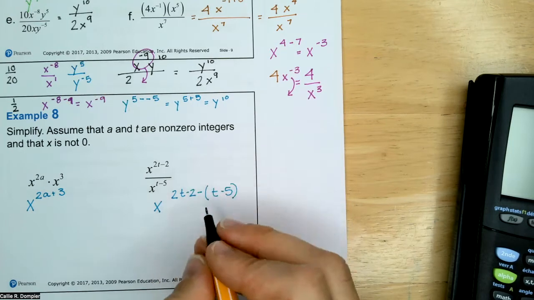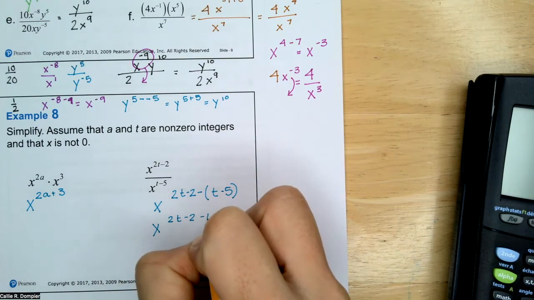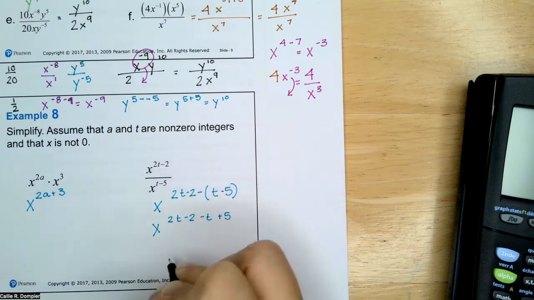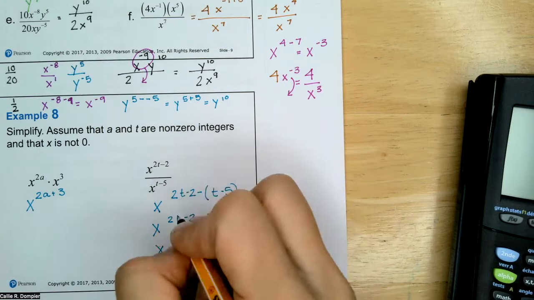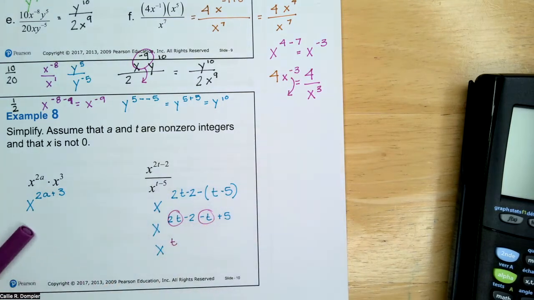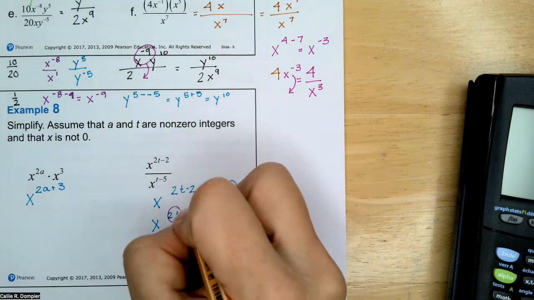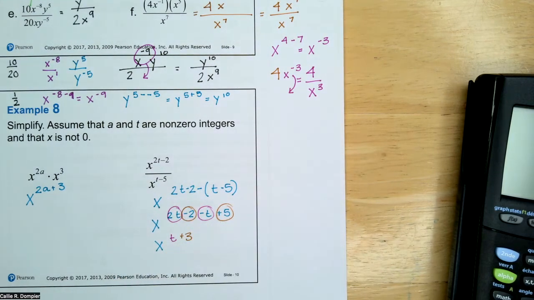But here I can combine some like terms. So that's x, 2t minus 2 minus t plus 5. So that becomes 2t minus t, right? 2t minus t is just t. And then -2 plus 5 is just 3. So it's x to the power of t plus 3.